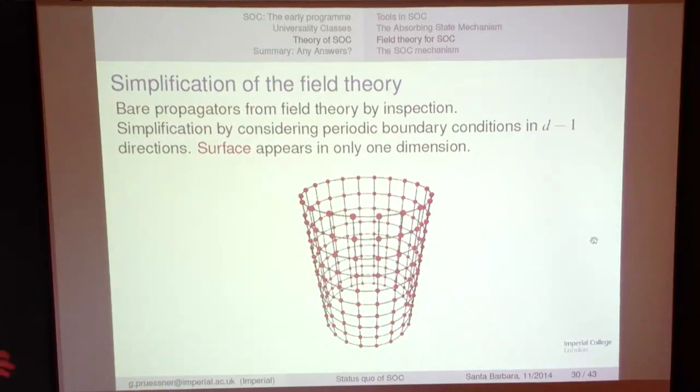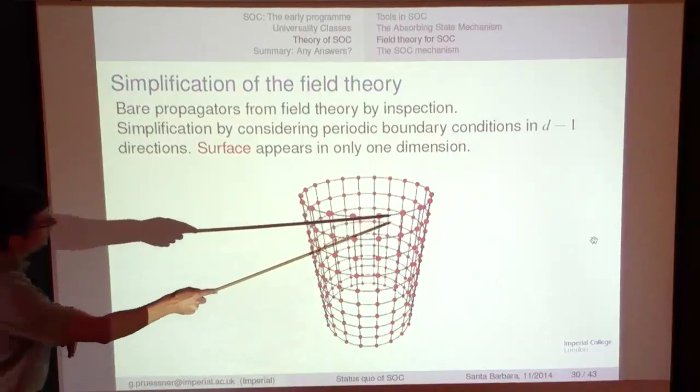The claim is the system finds its way to the critical point. So if you want to measure exponents, then the only scale that is available is the finiteness of the system. So how do you control that, and how does it sneak into the field theory? Well, it's through the propagator. If you've got open boundary conditions, there is an effective cutoff in the smallest k that you can have, in the smallest wavelength that you can have in the system.